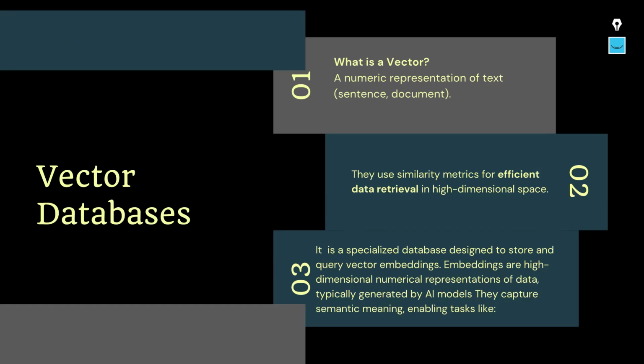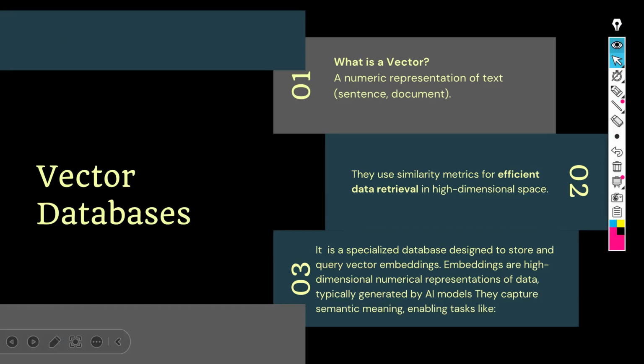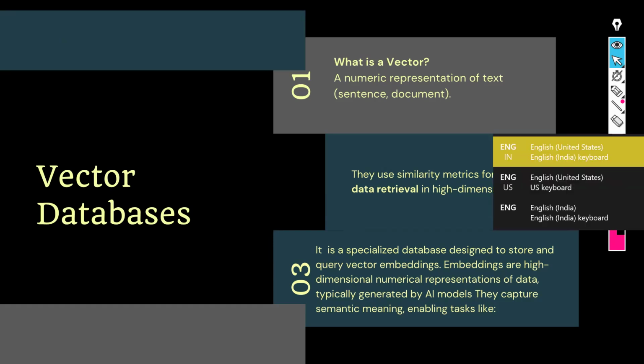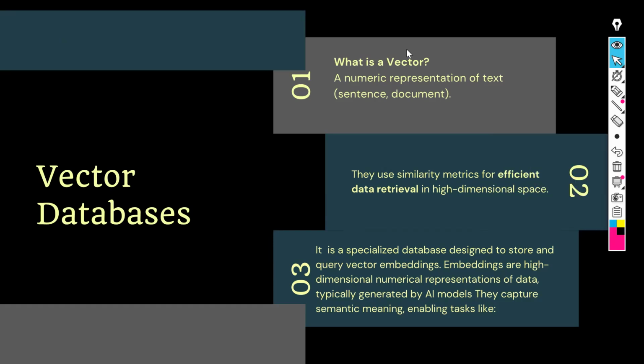Okay. So in a vector database, what is a vector? You see there is a concept: vector. A vector is nothing but a number representation of text or any document.